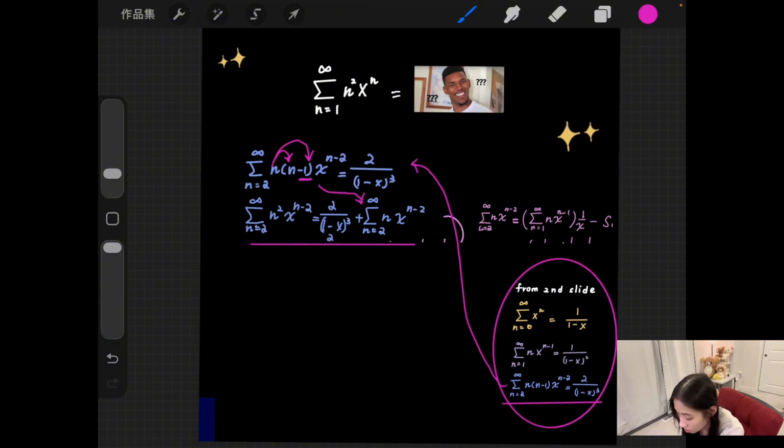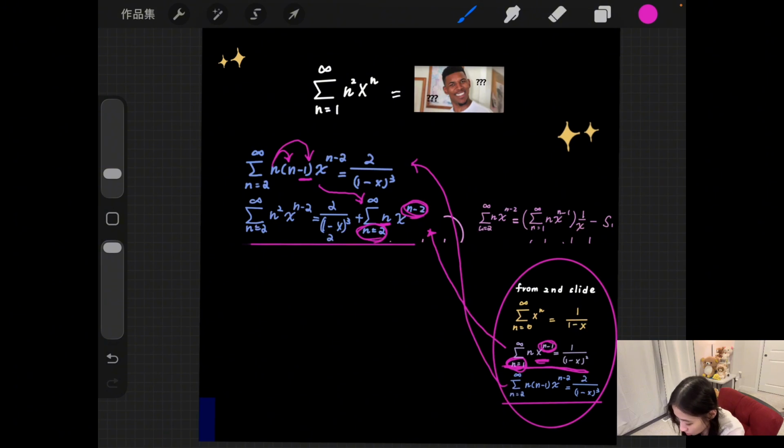So let's take a look here. This one is n, which looks like this one here. How do we change it into something looking like this? You can see the difference here. Here n starts from 1, here n starts from 2, and here x is to the n minus 1, and here x is to the power of n minus 2.